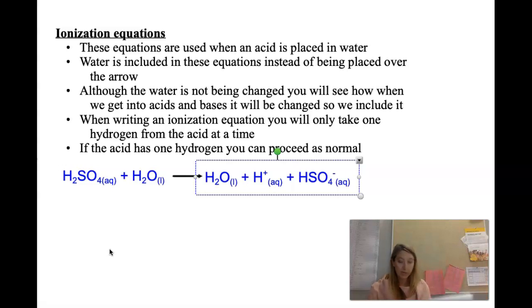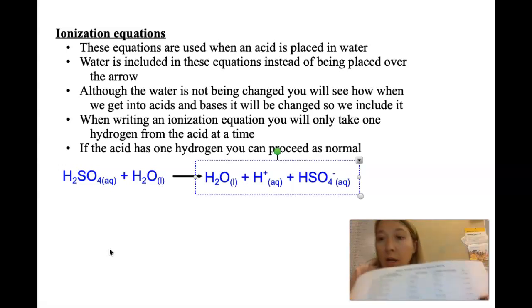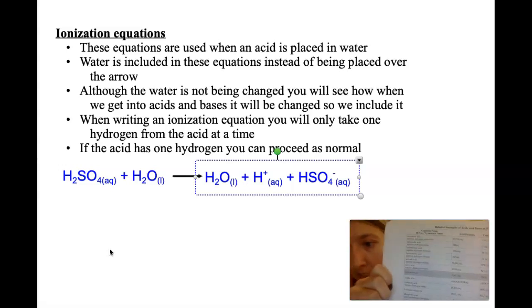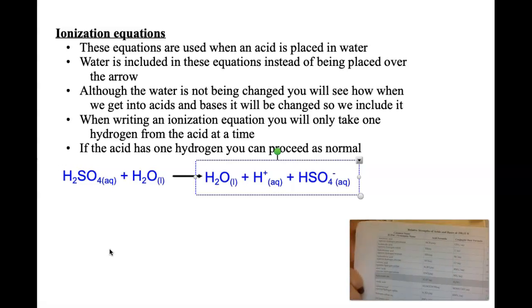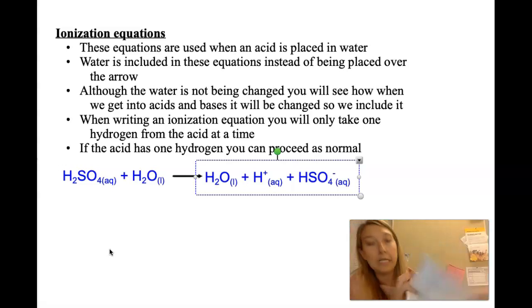Remember we talked about the acid table at the back. If you look closely at your acid table, you're going to see H2SO4, and right next to it is the HSO4 minus. So that's how you know that's what you're turning it into.